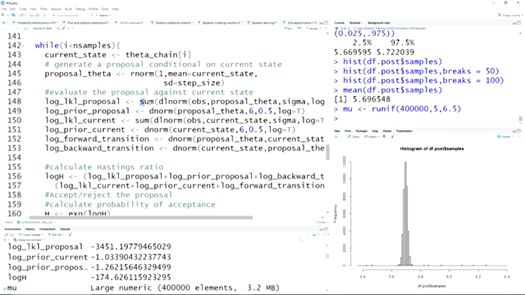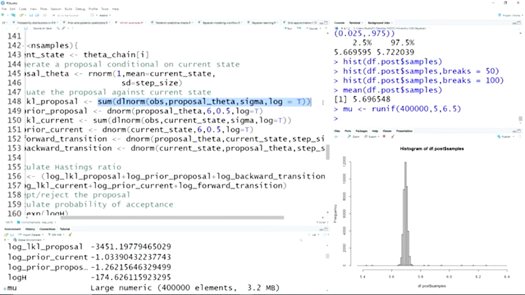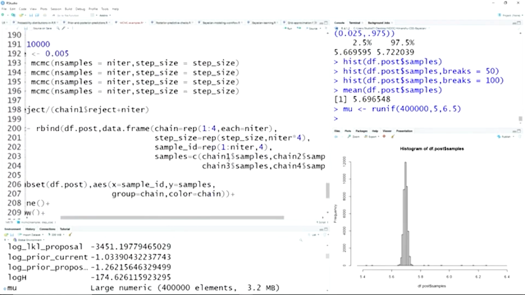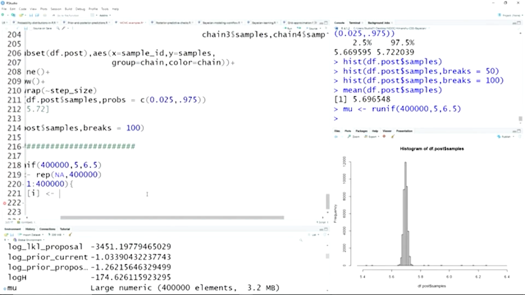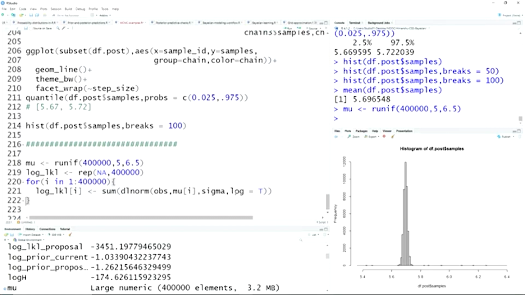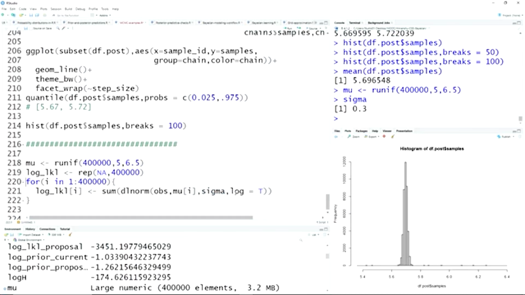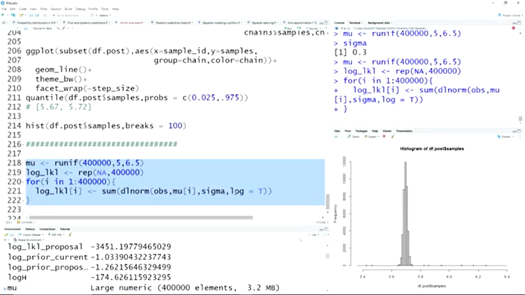So this is how we calculate log likelihood. So basically it's the summation of log likelihood of individual observations. So rather than proposal theta, all we need to give here is mu i. Sigma is fixed as 0.3, so you don't need to worry about this. So this will calculate log likelihood for each value.